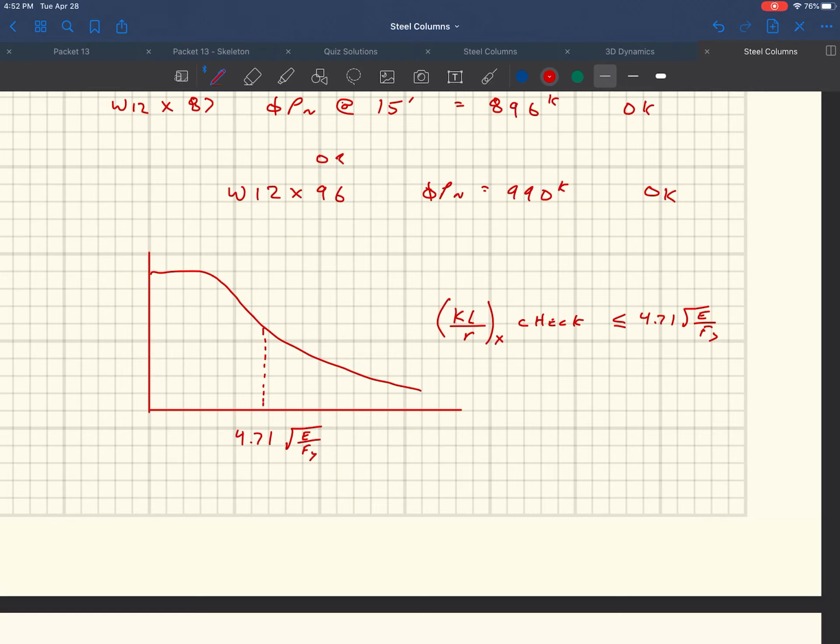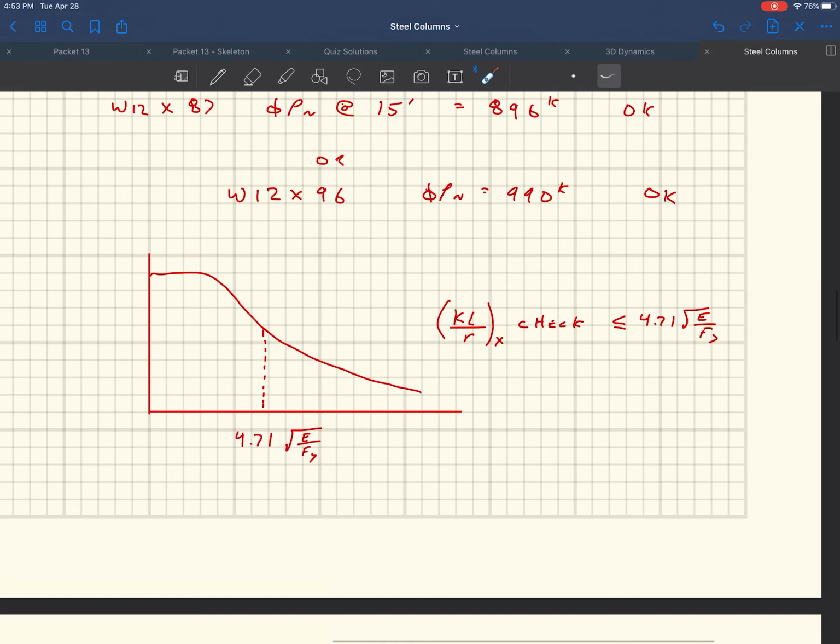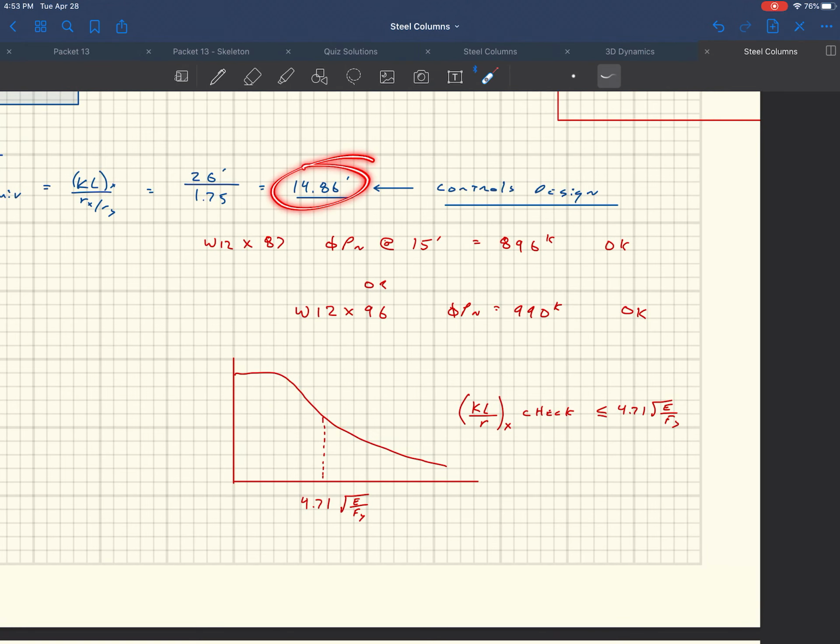But if it's the weak axis that's controlling, you would check your KL over ry and check to see if it's less than 4.71 times the square root of E over Fy. In this particular case, it's the x that controls, because right here we said that this controls design. You calculate that and see if you're less than this. And it's saying you're probably down here someplace.